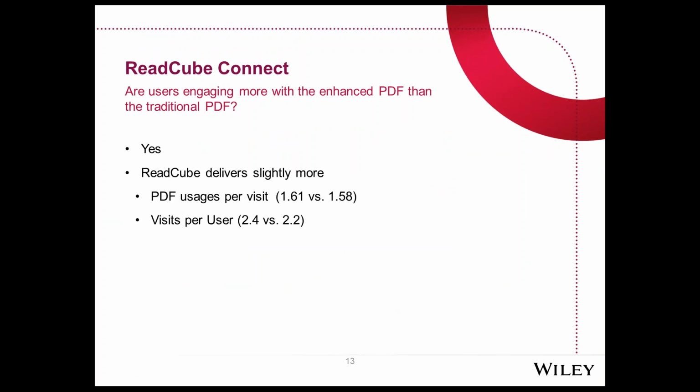The ReadCube capabilities are, we're finding, delivering more PDF usages per visit and more visits per user. And according to ReadCube, about two-thirds of readers consume the PDF in browser. What that implies is that users are actually not just downloading the PDF and sticking it on their computer and leaving, they're actually engaging with it online.